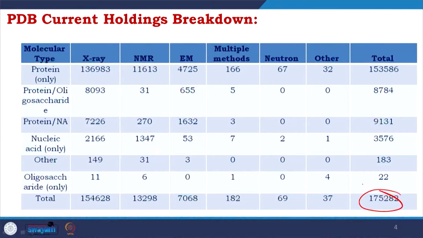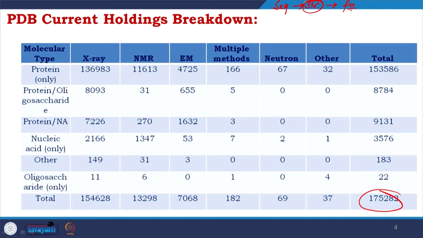But before going into the detail about the PDB, I want to talk about a few things which are very important. If you remember, our journey started from sequence to function, and I told you structure is required.